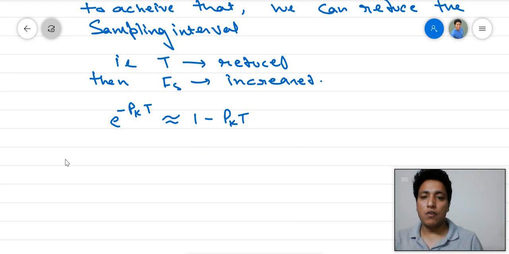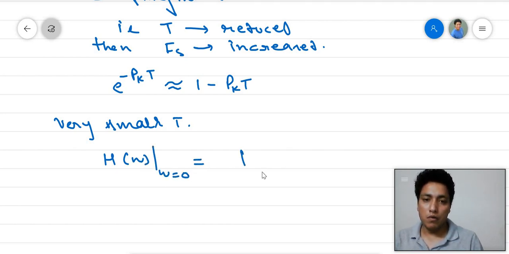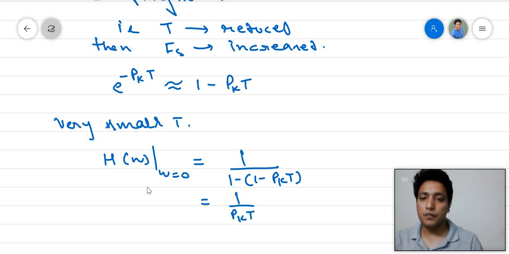Now for very small p, very small t, h omega at omega is equal to 0 will be equal to 1 upon 1 minus pk t, and if we solve it will be 1 by pk t.